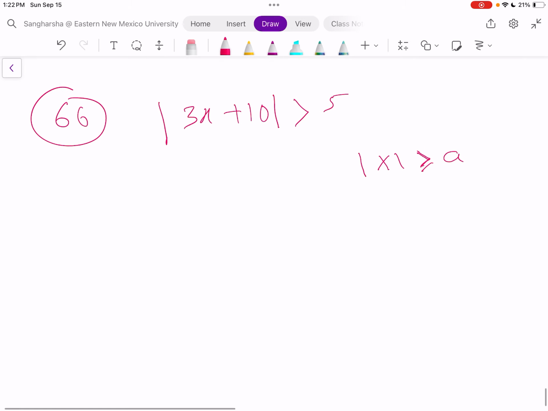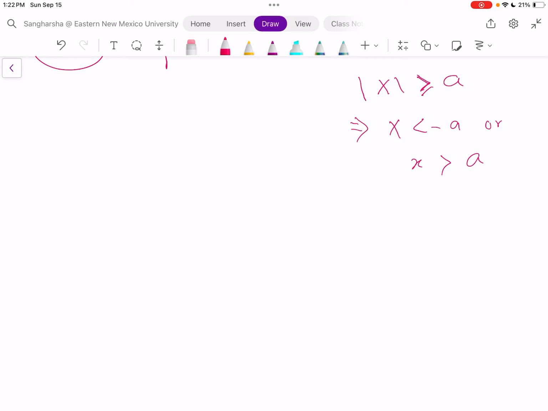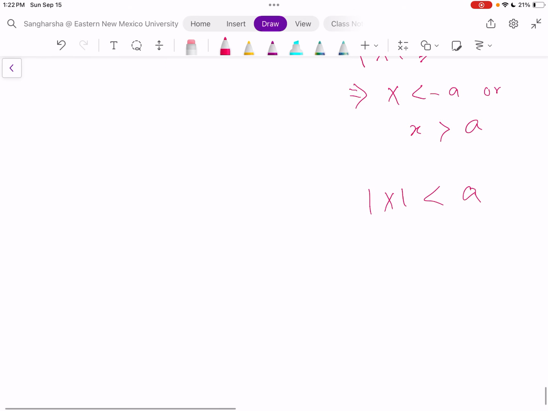In this case, you rewrite without the absolute value sign as x less than negative a or x greater than positive a. Next, if you have absolute value of x less than a, then we rewrite this without the absolute value sign as x greater than negative a and less than positive a.